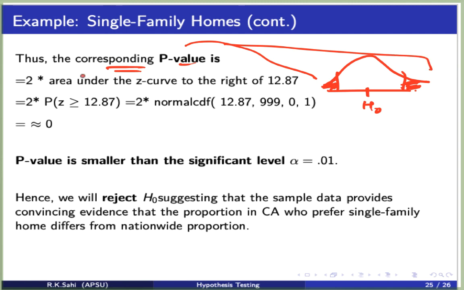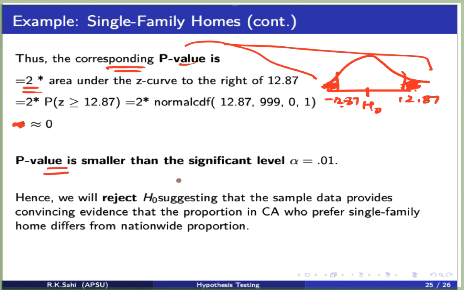And hence we have to have twice the area under the curve. Either I can have less than negative 12.87, or greater than 12.87. Because our normal curves are symmetric, this area is the same as this area. So I'm going to write twice the area under the curve. And we get approximately 0.